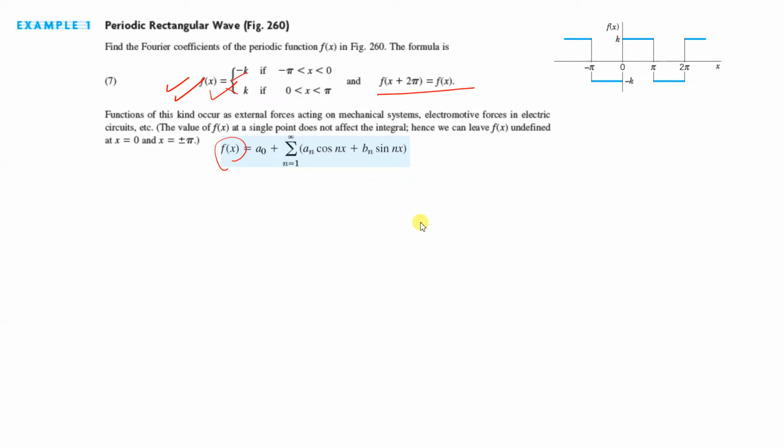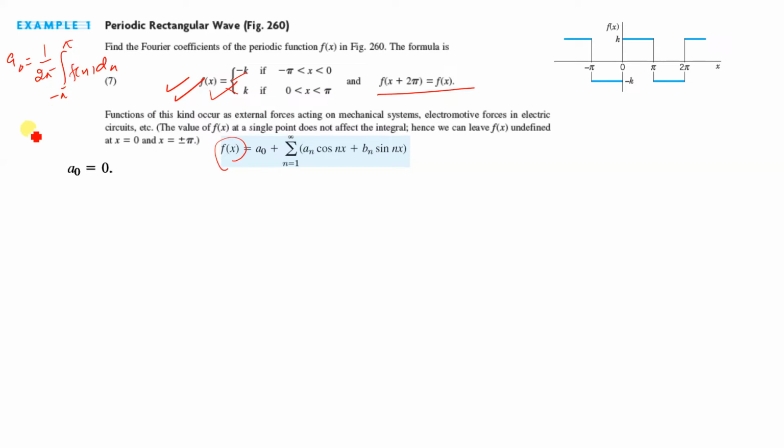Now we know the formulas for a0, a_n and b_n, so we are going to evaluate using those formulas. First of all, a0. We learned from previous slides that a0 is equal to 1 over 2π times the integral from minus π to π of f(x) dx. Our function is piecewise defined. In the interval minus π to 0, its value is minus k, and in the interval 0 to π, its value is k.